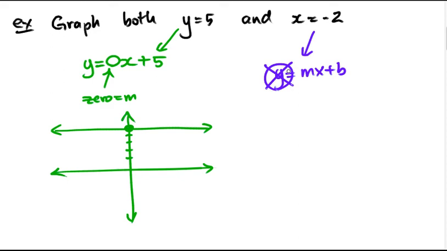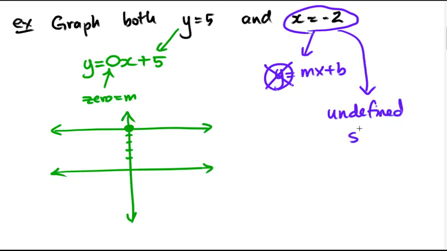You have seen lines that don't have a slope that can be defined, and those are lines that are undefined. And so anytime you get x is equal to some number, you have an undefined slope. And an undefined slope goes straight up and straight down. And the point that it goes through is when x is equal to negative 2 in this case. And so your line goes straight up and down this way.